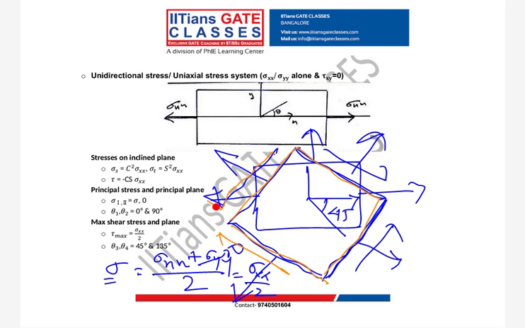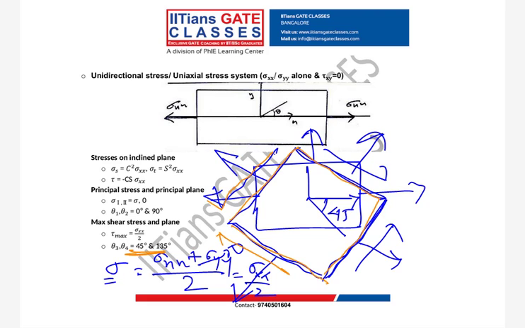Why does this orientation have to be understood? Because in the 2020 problem, they didn't ask just for the value. They asked to draw the orientation, draw the free body. Now what mistake do we make? Here also there is a mistake.